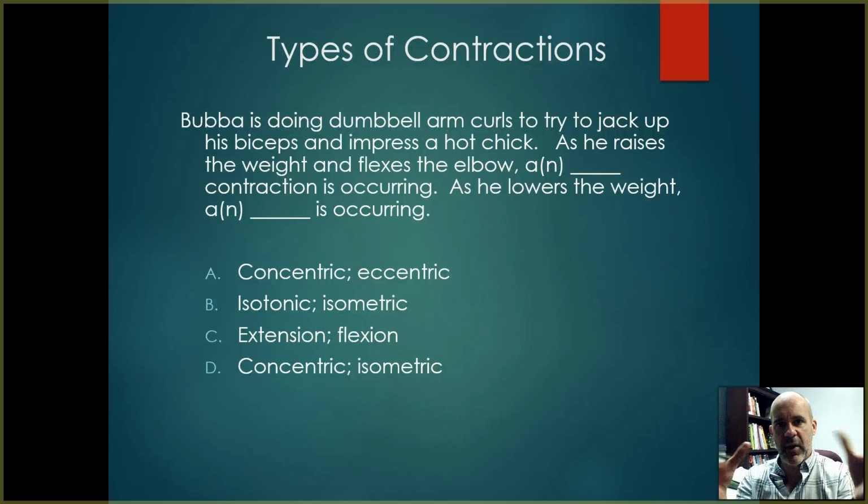But if you're thinking about the whole muscle itself, it's actually physically shortening at that point. So there was a name for that type of contraction, and hopefully you're thinking concentric for contracting or shortening of the muscle. But then if you think about it, if you were holding a heavy dumbbell and you're lowering the weight, your biceps brachii muscle is getting longer, it's lengthening itself if you're just looking at it from a whole muscle view.